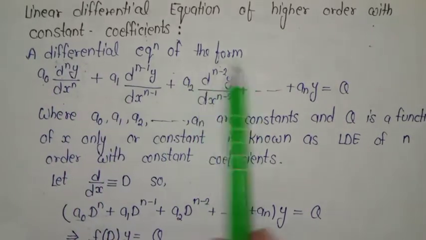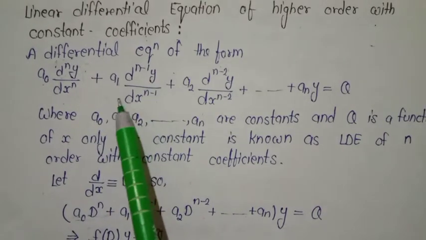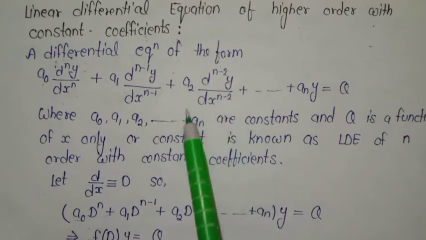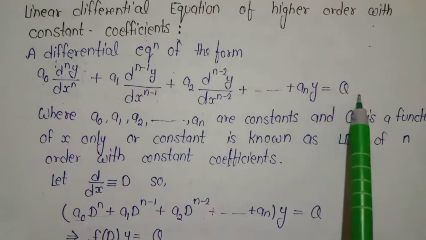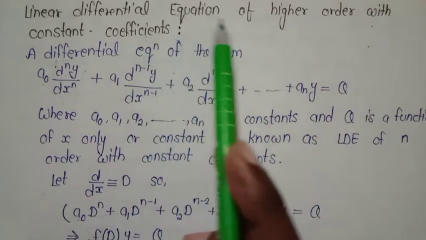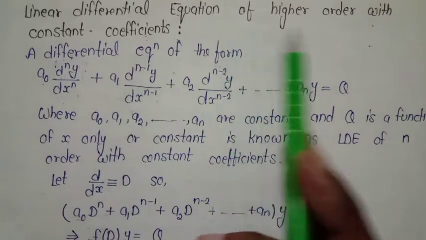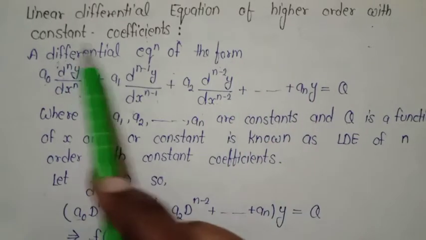So the differential equation of the form a0 d^n y by dx^n plus a1 d^(n-1) y by dx^(n-1) plus a2 d^(n-2) y by dx^(n-2) plus and so on an y is equal to q is called a linear differential equation of higher order with constant coefficients. Why are we calling it a linear differential equation of higher order with constant coefficients?